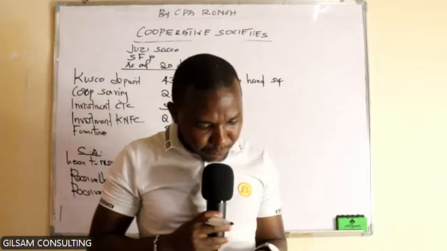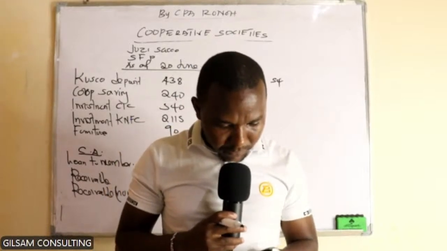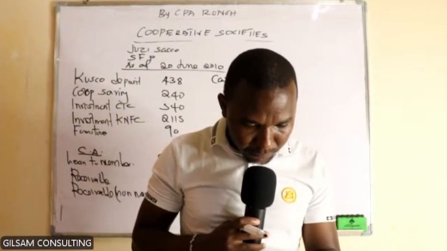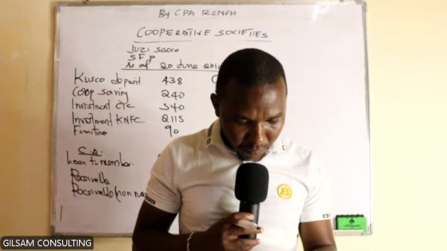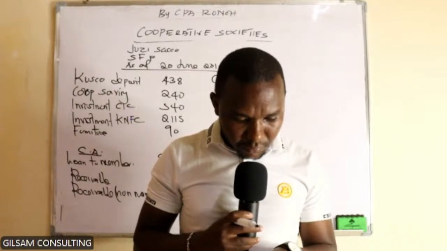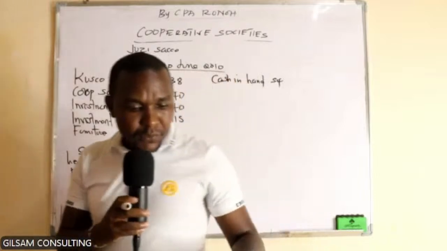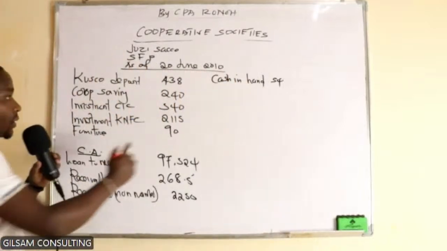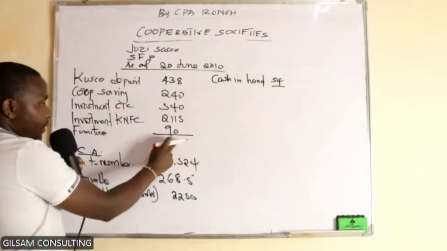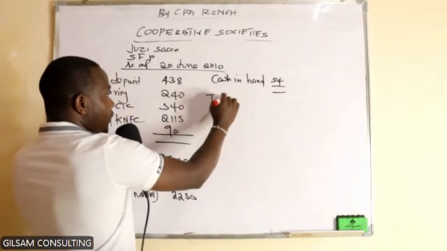Additional information: the management proposed the honorarium amount, salaries that have not been paid, members dividend, interest, all these are accruals. Members education. So get the total of this and the total of that, and whatever you are getting here and here, add the two so that you can have the total assets.